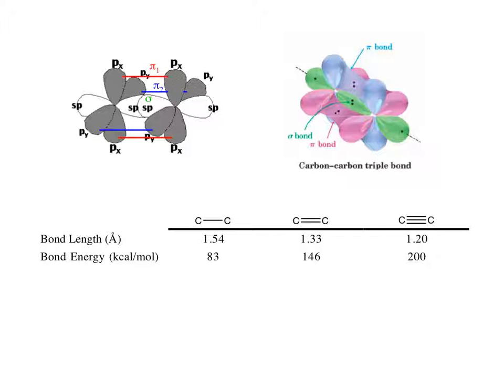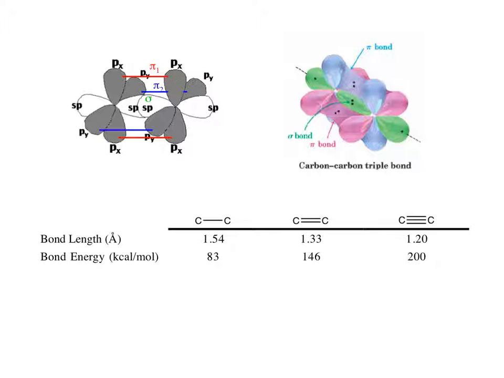A comparison of the bond lengths and the bond strengths of the carbon-carbon triple bond compared to the carbon-carbon double bond or the carbon-carbon single bond shows us that the carbon-carbon triple bond is a shorter bond than the other two, as well as a stronger bond than the double or the single.